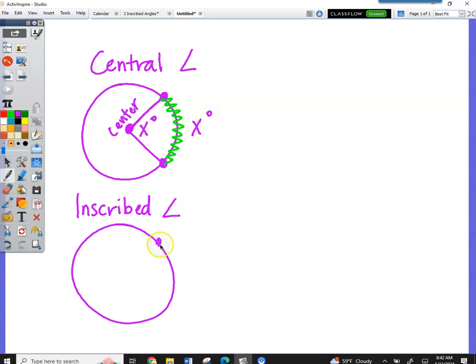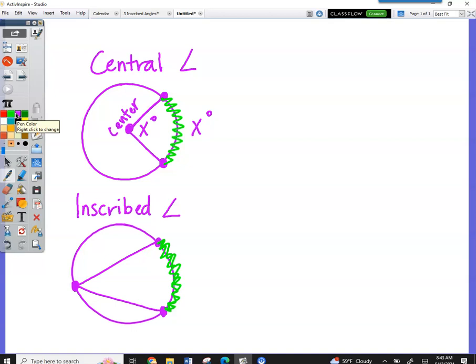Okay, inscribed angle is actually on the circle. So this is inscribed right here. The arc it opens up to is here. But we learned that they're not equal. One is double the other, or one's half the other. Depends on what direction you're looking at it.